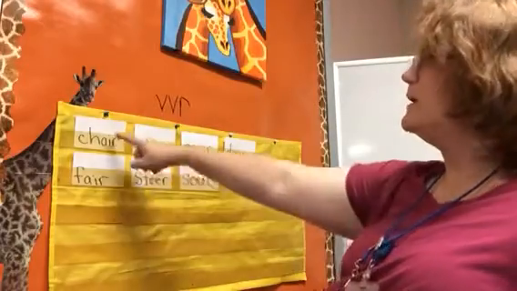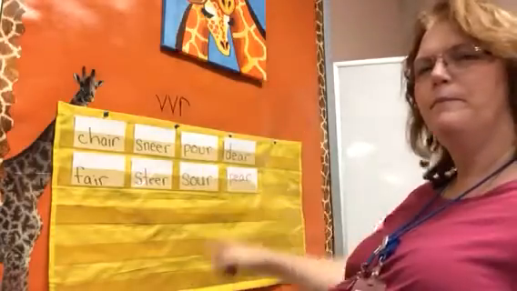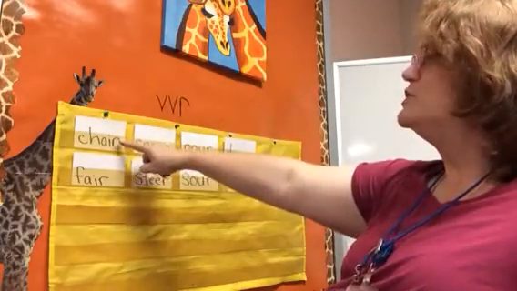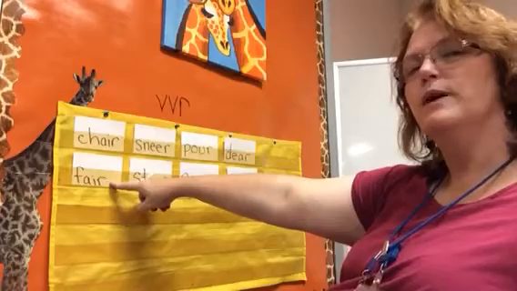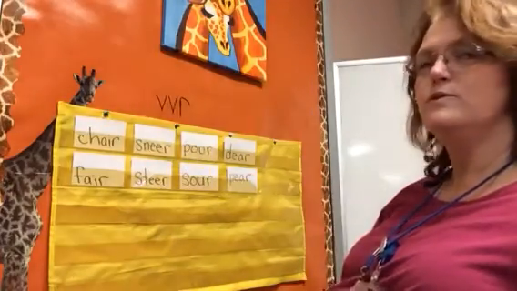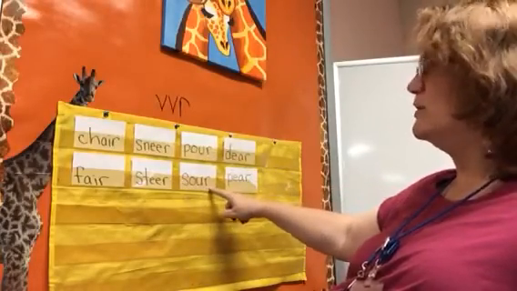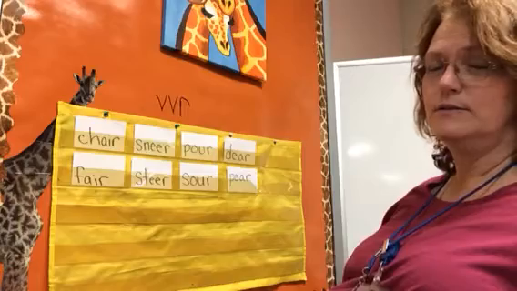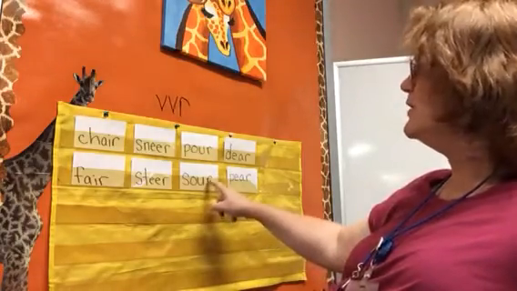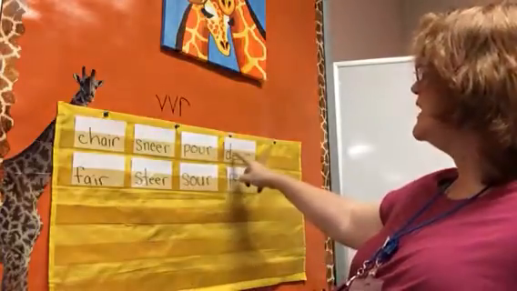Now, did you notice anything about these patterns? Do they all rhyme? This one is chair and fair. Those two rhyme. How about sneer and steer? Those two rhyme. Pour and sour. Those two don't rhyme at all. But the R still affects the word sour.